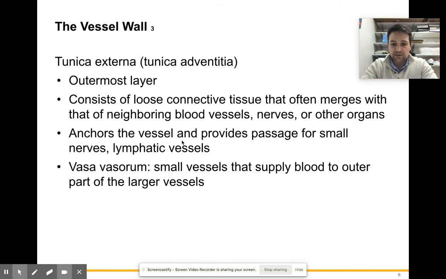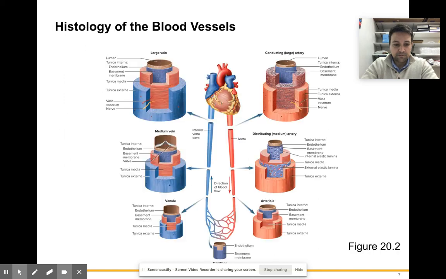So it anchors the vessel and provides passage for small nerves and lymphatic vessels. And the vasa vasorum are small vessels that supply blood to the outer part of the larger vessels.